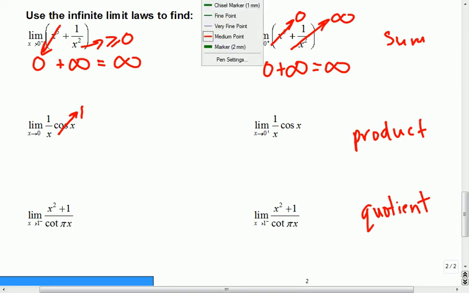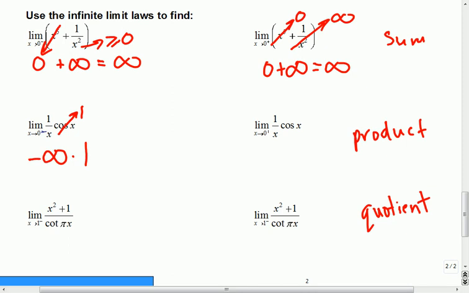Now, if I approach, it's hard to see here. That's supposed to be a left side. Okay. If I approach from the left, will 1 over x go to positive infinity or negative infinity? Yeah, negative, because the left side of 0 are negative numbers. So that means this is going to be negative infinity times 1, which still is negative infinity.